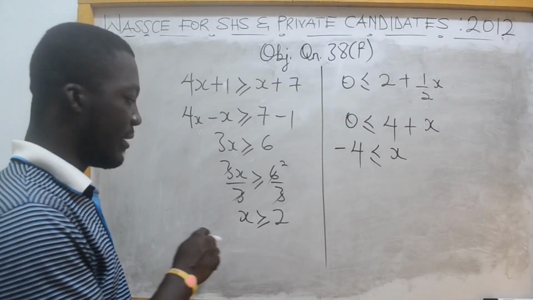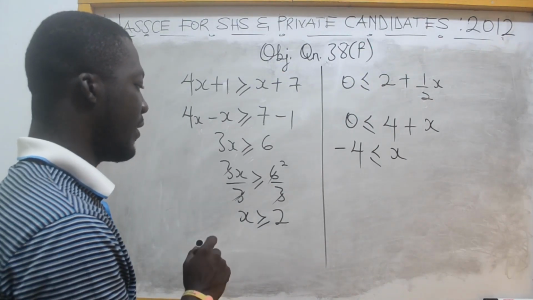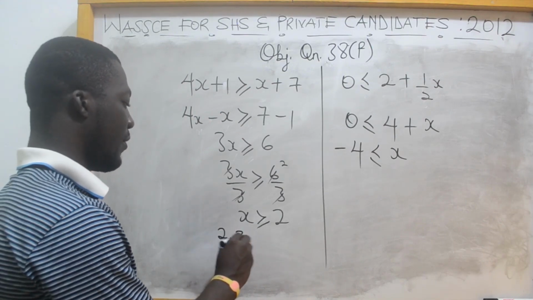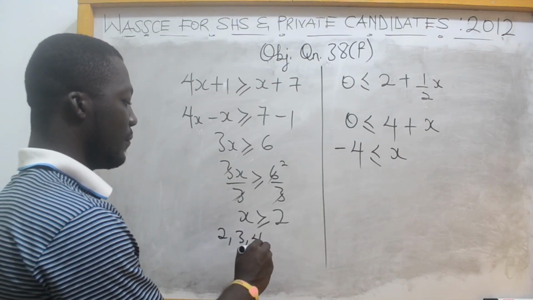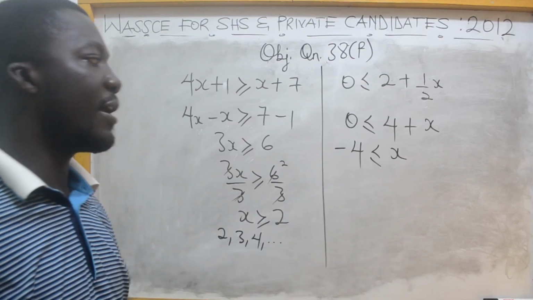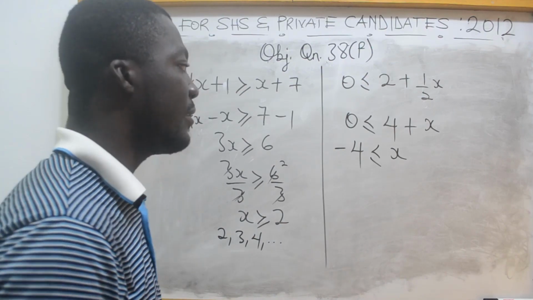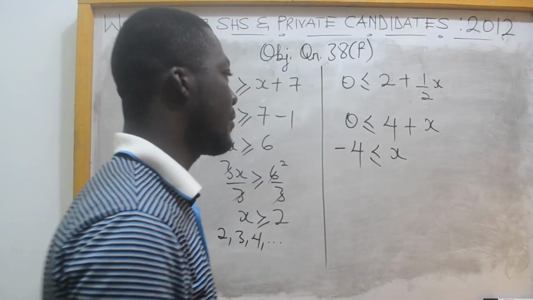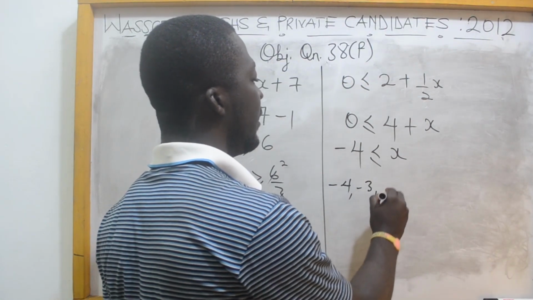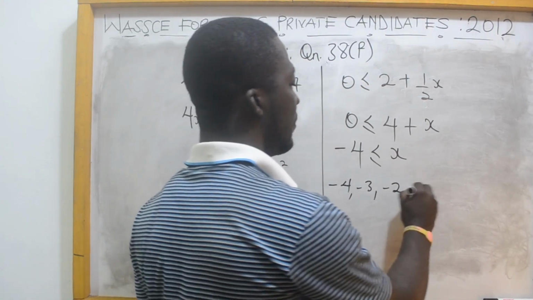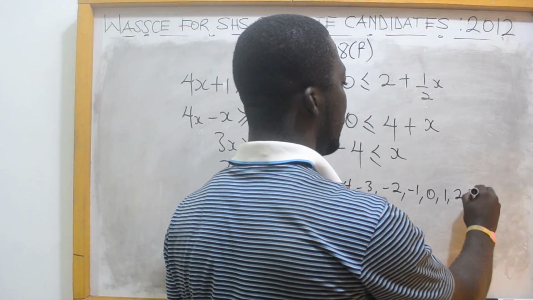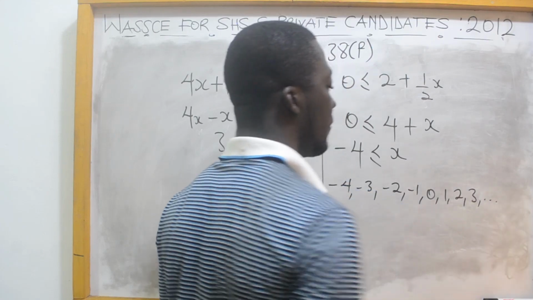So let's see something. Let's try to list the values for x greater or equal to 2. It will begin from 2, 3, 4, and so forth. Then when we come here, negative 4 less or equal to x, we begin from negative 4, then negative 3, negative 2, negative 1, 0, 1, 2, 3, and so forth.